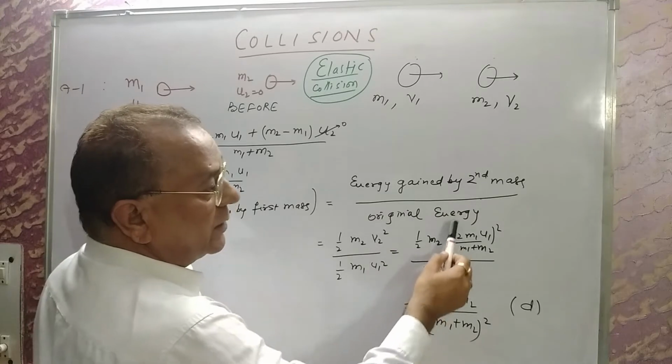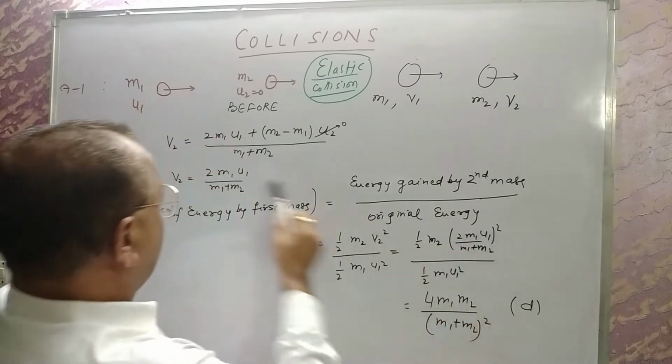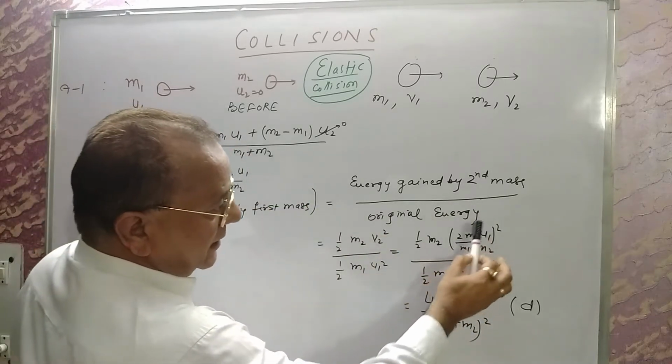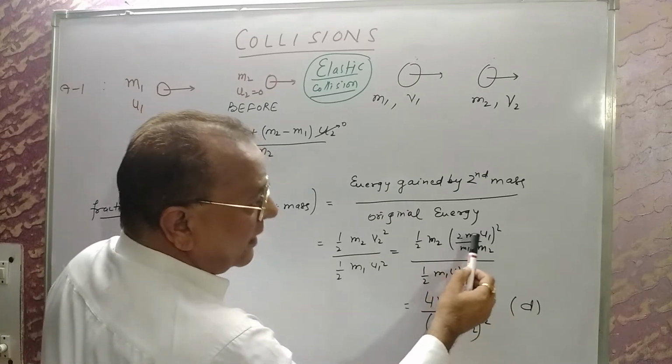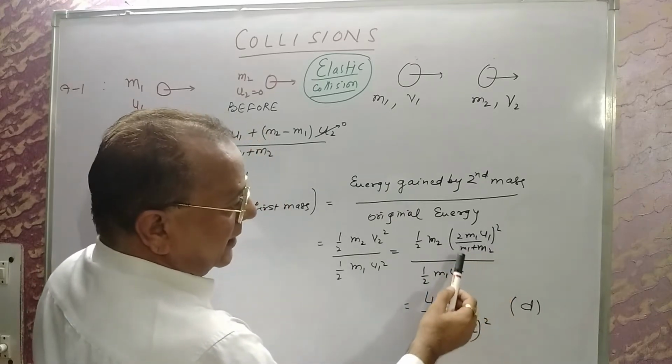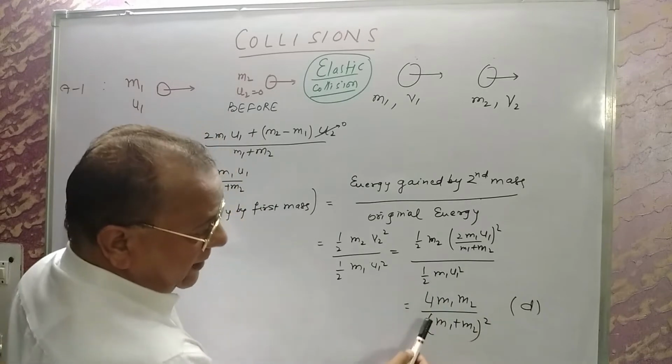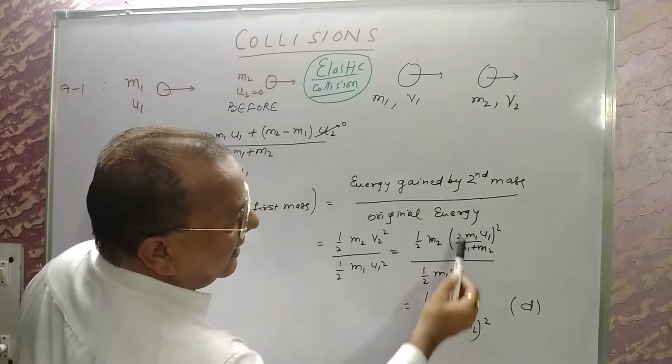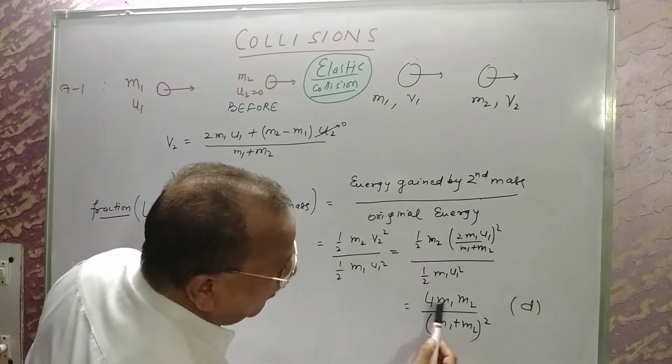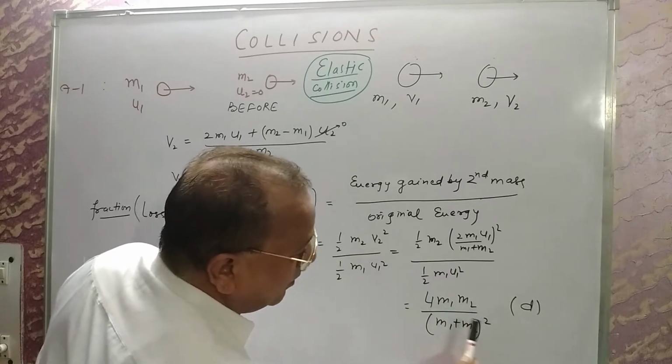Putting in the velocity we found here, it becomes 4m1 square u1 square divided by (m1 plus m2) whole square. Now you cut m1 u1 square, and you get the answer 4m1 m2 divided by (m1 plus m2) whole square.